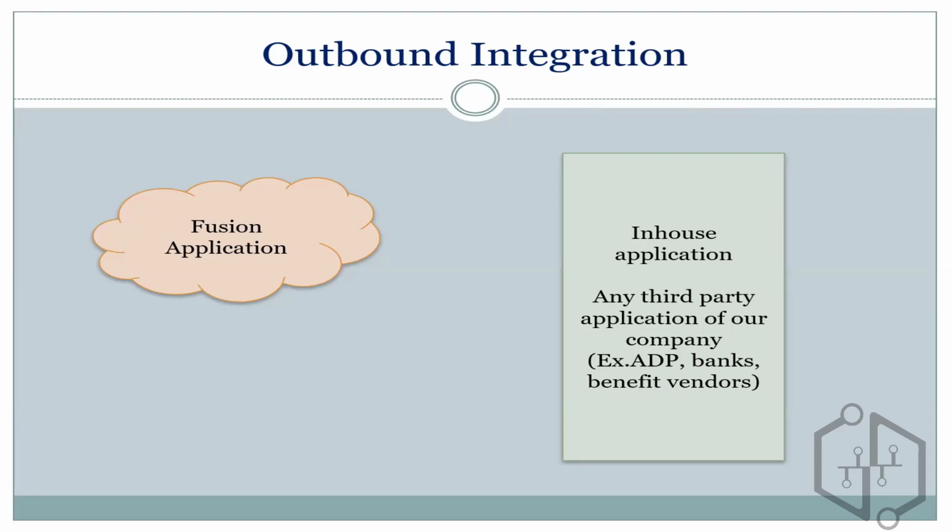That means I will not run the payroll from my own company. The third-party person will run my payroll. I will not take the pressure of handling the payroll of the employees. So I will outsource everything to the third-party vendors. That is called outbound integration.